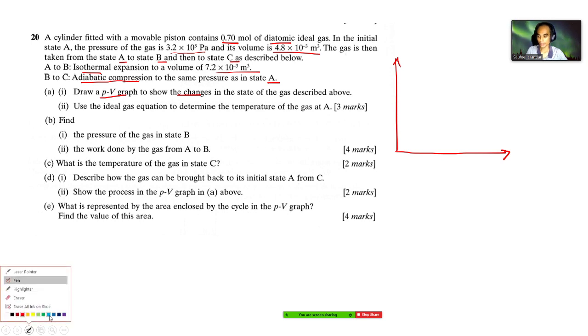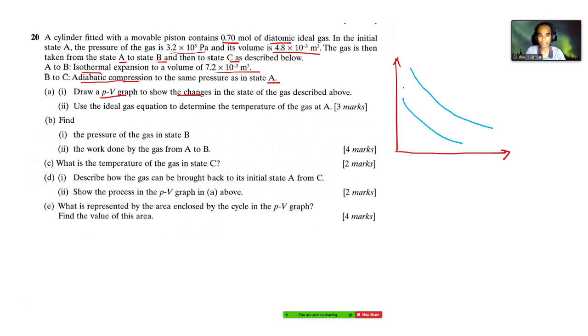So let's see, we assume that this is the isotherm curve. One temperature, second temperature. So from A, it goes to B. From A to B, it will be isotherm, because it follows the same isotherm graph.